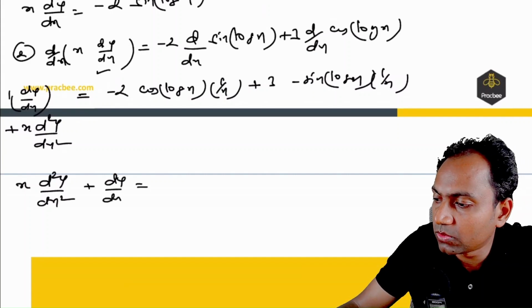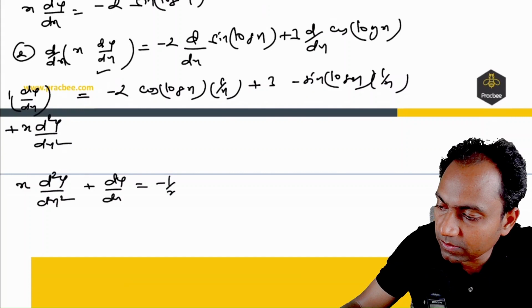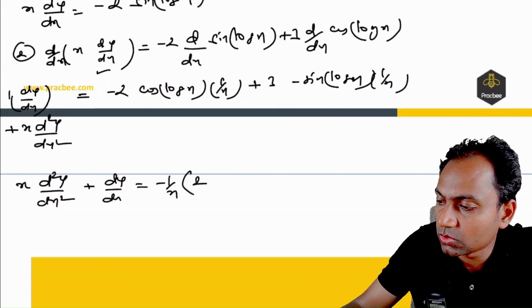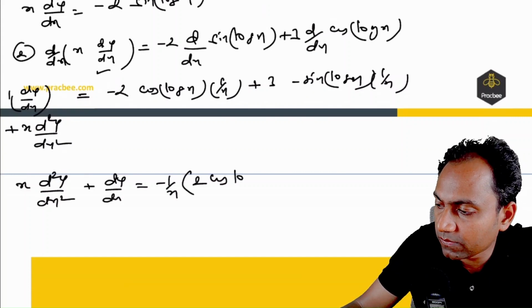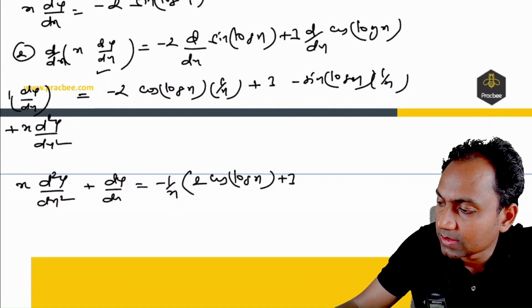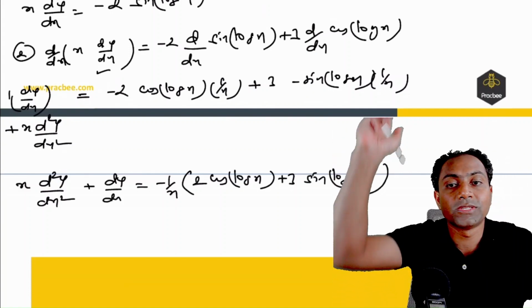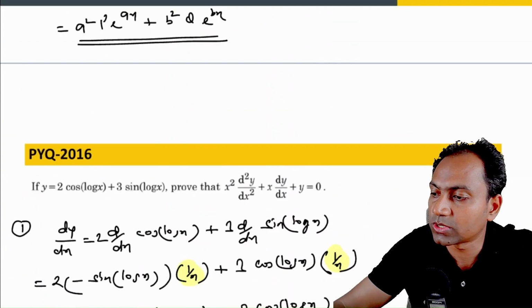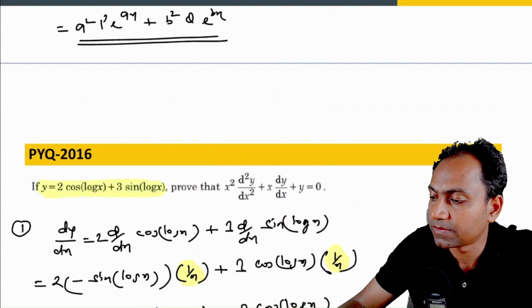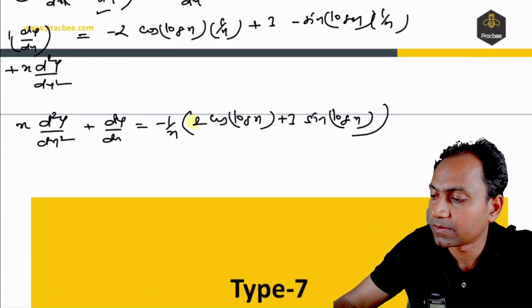And now if you take minus 1 by x common from here, this becomes 2 times cos of log of x plus 3 times sine of log of x, and this is nothing but equivalent to the original statement that we wrote. So if you look into the question, this was nothing but the value of y. So you can substitute the y.